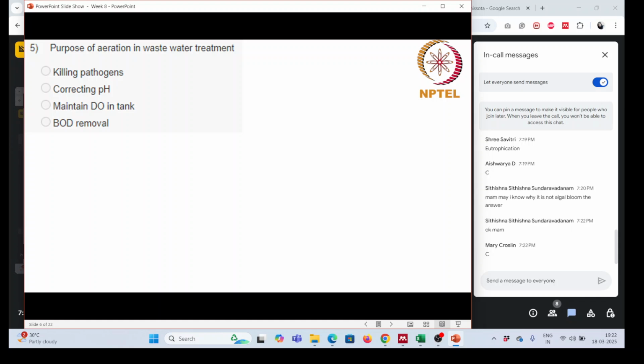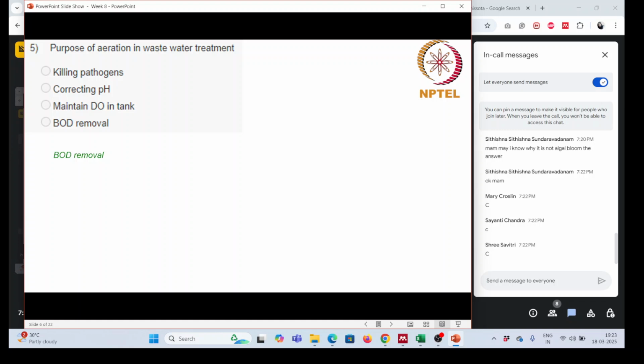To kill pathogens, to correct pH, to increase DO in the tank, or BOD removal. Yes, the correct answer is BOD removal.